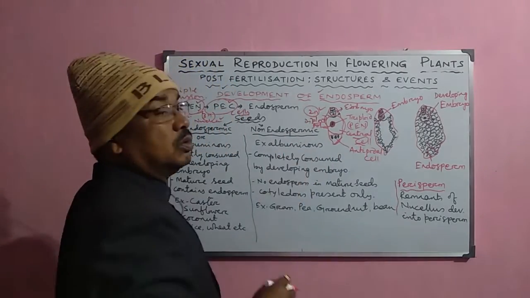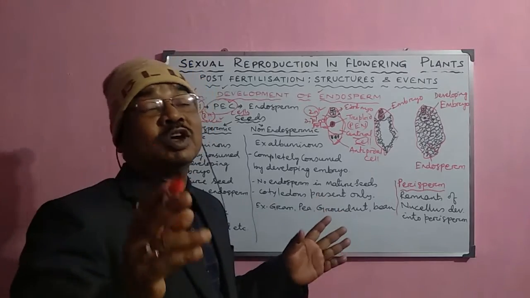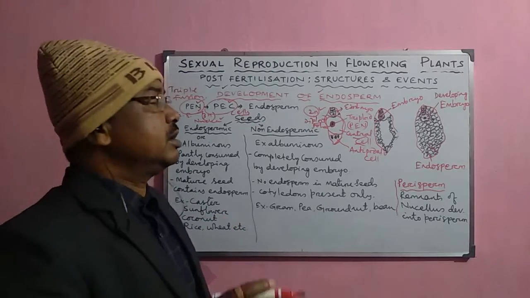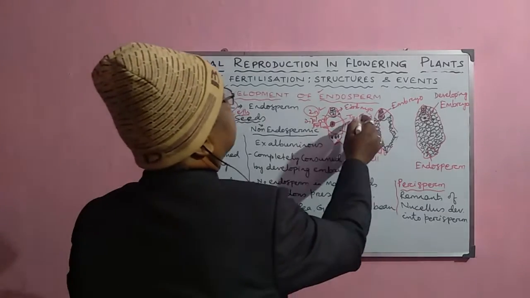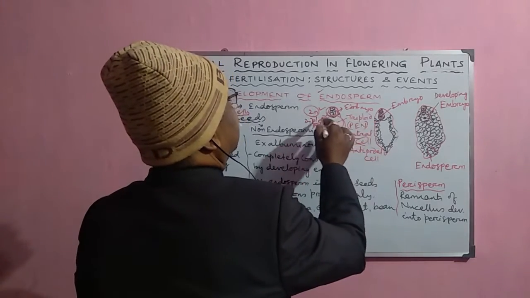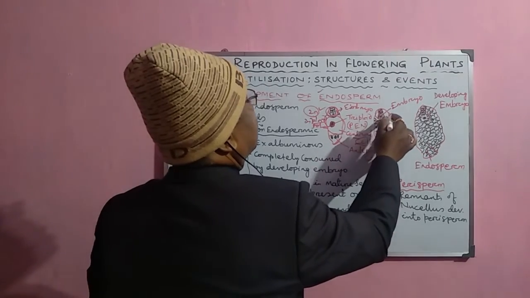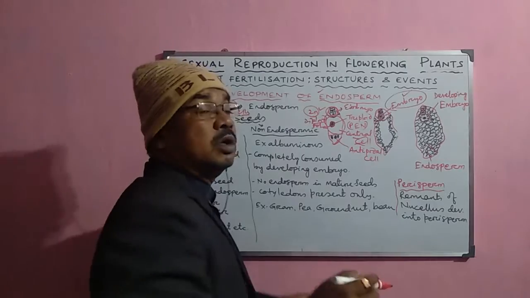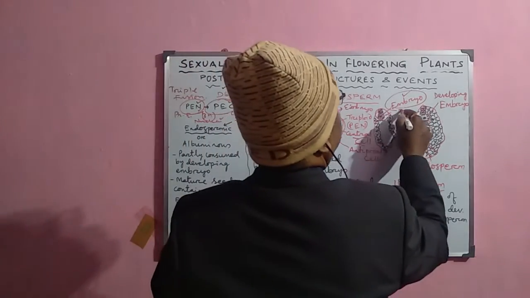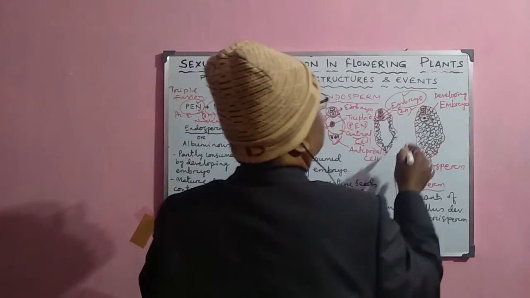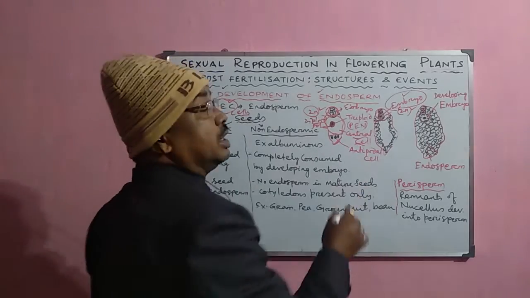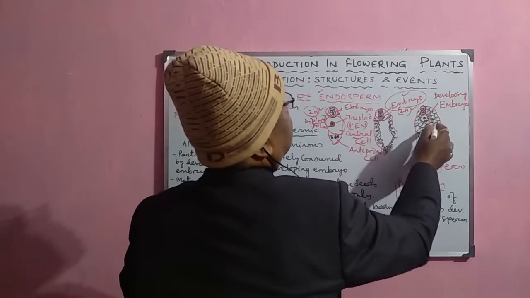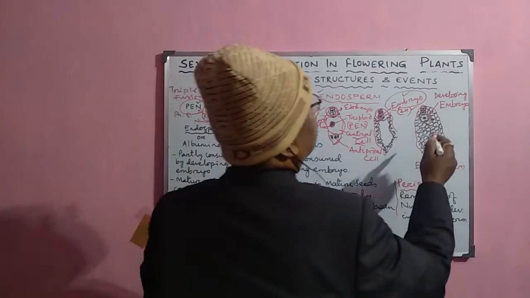The zygote, which was formed by the fusion of the first pollen with the egg cell, divides and redivides to form the embryo. It has 2n chromosomes, and one cell divides into 2, then 4, like that, and gradually develops into the embryo.